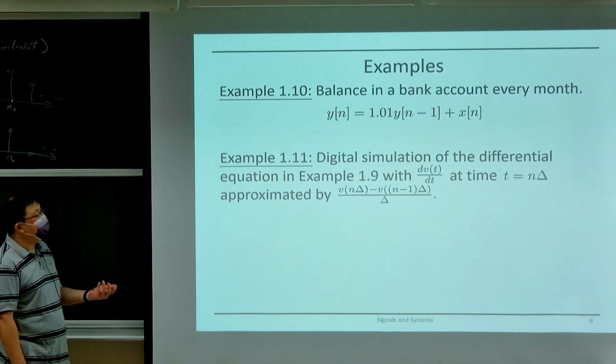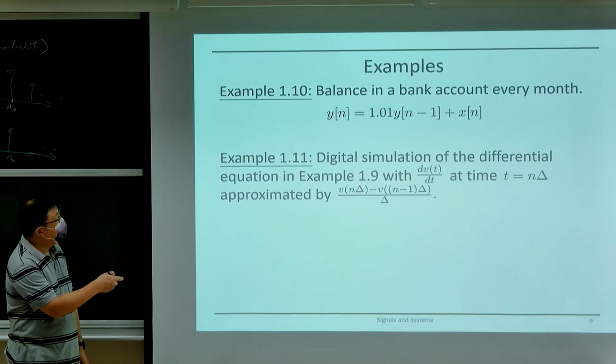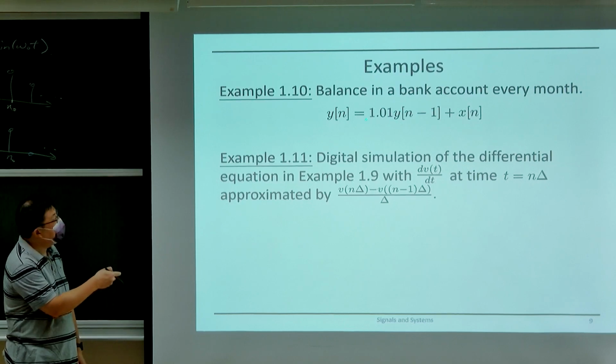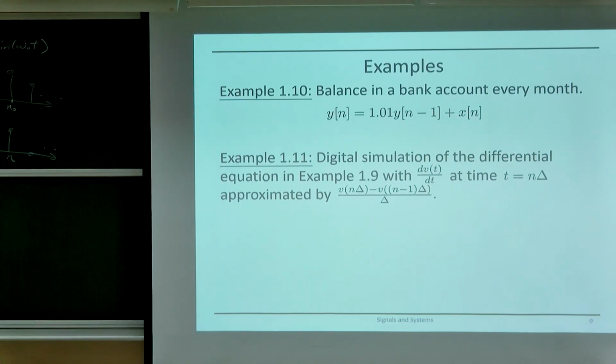Suppose that our interest rate is 1% monthly, so that the balance in the previous month times 1.01 gives us the balance plus interest going into the next month, plus the additional money that we saved into it. So this equation characterizes the input-output relation of our banking system.